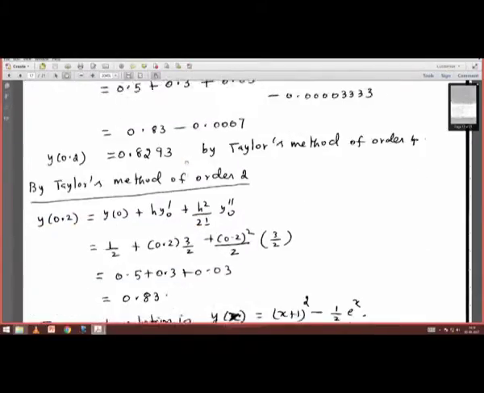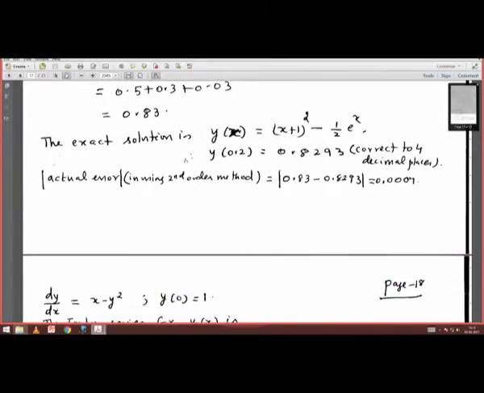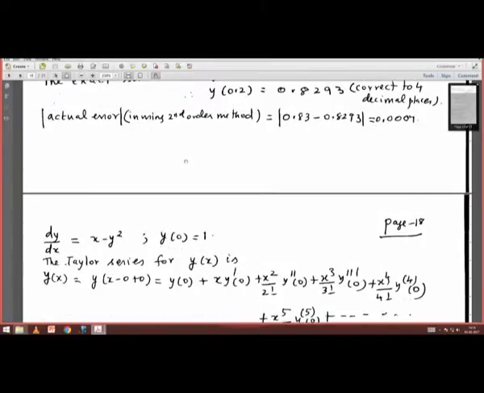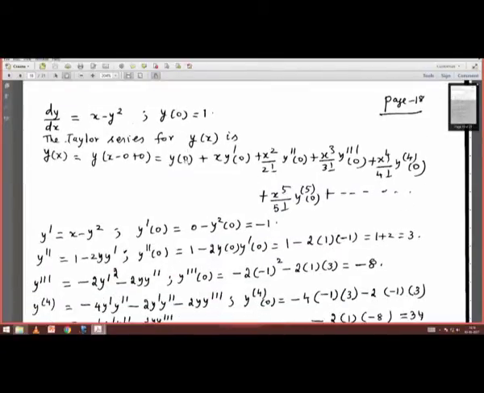So, it is a single step explicit method which can be used to solve the initial value problem governed by first order ordinary differential equation, and depending upon the accuracy that we want, we can include as many terms as we want, so that the desired degree of accuracy is reached.